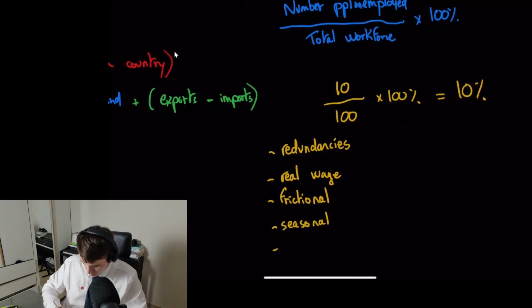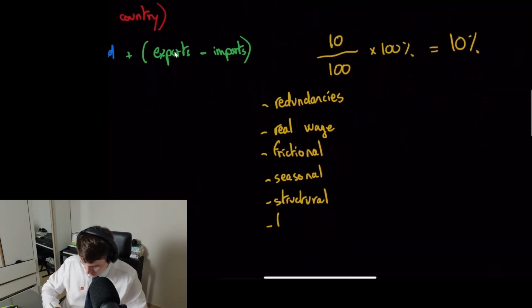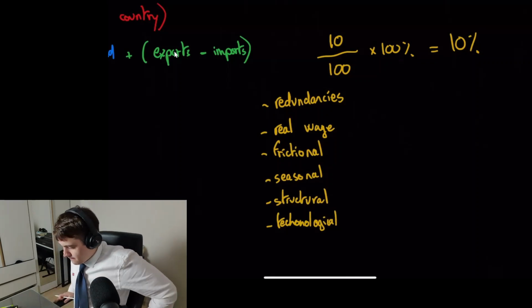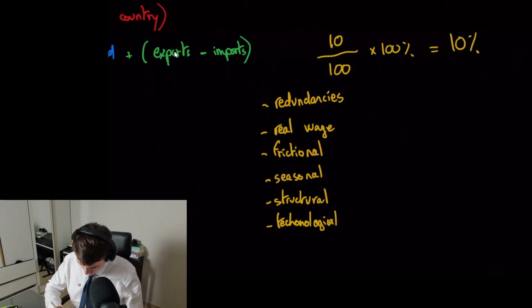We have structural unemployment. Technological unemployment. And then cyclical. Let me explain each one.